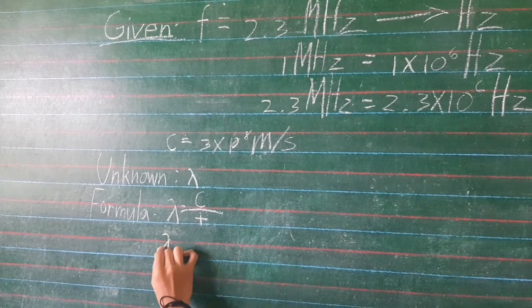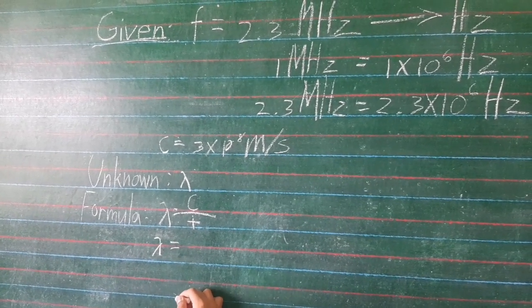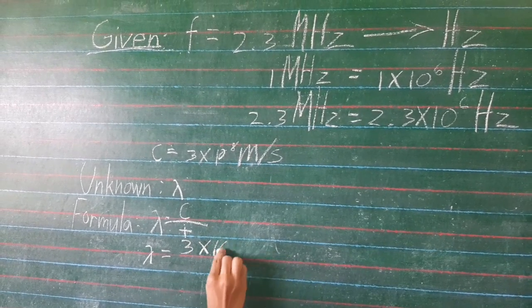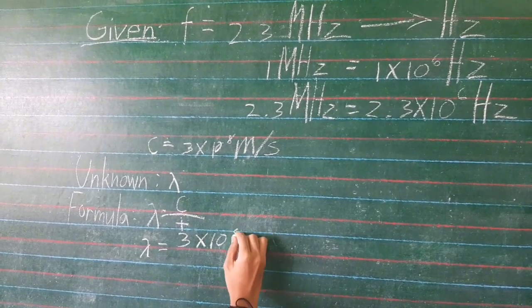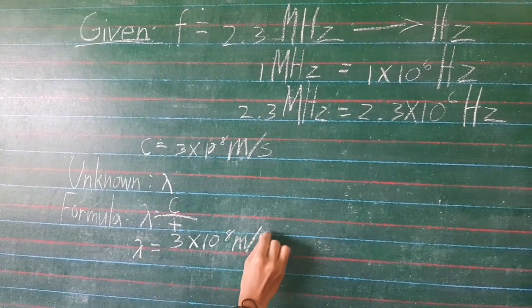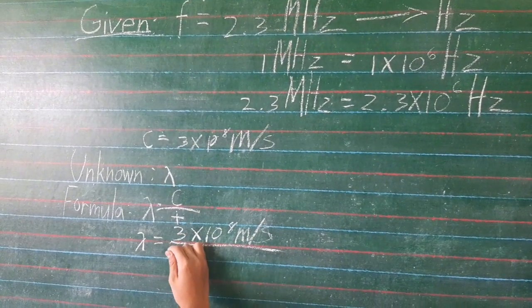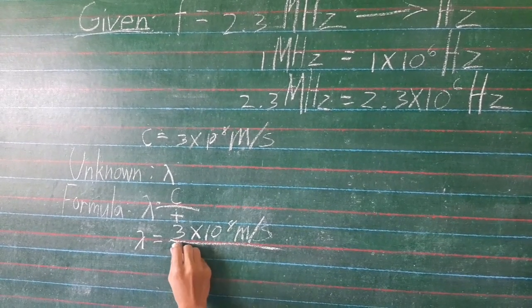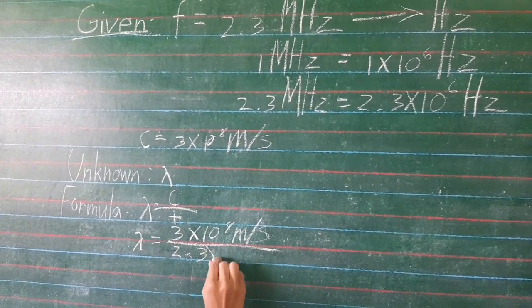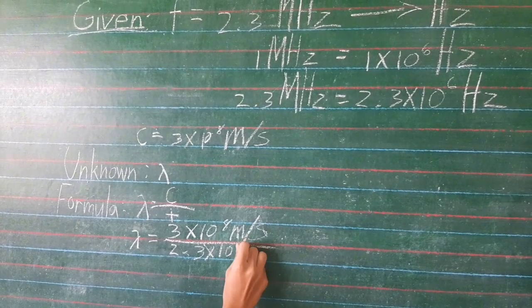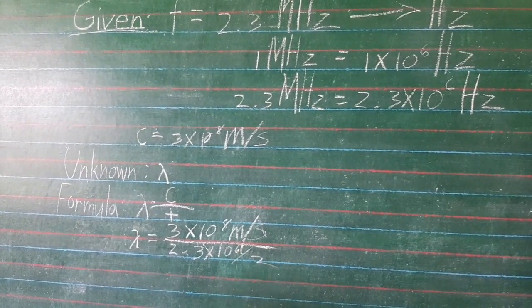So wavelength is equal to 3 times 10 raised to 8 meters per second divided by 2.3 times 10 raised to 6 1 over s.